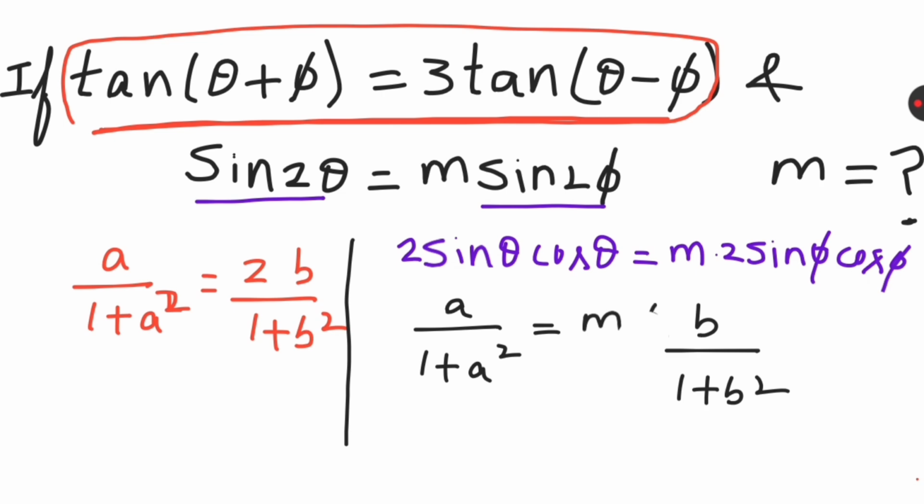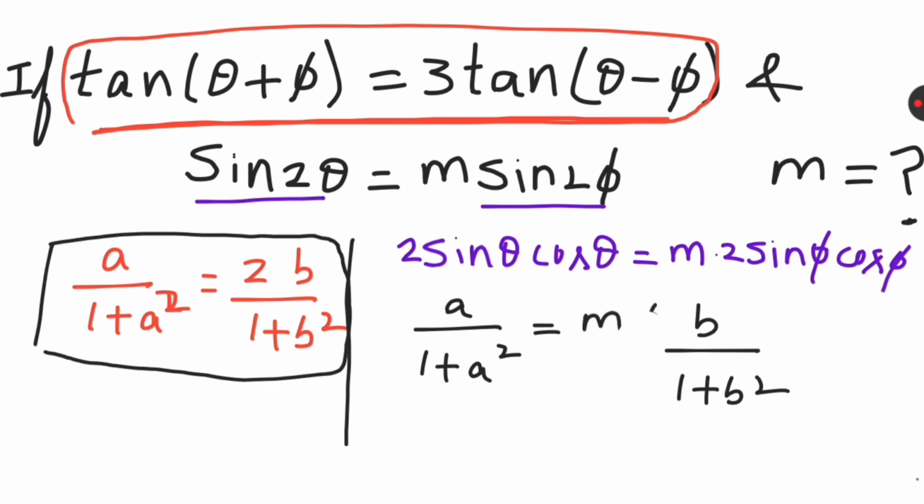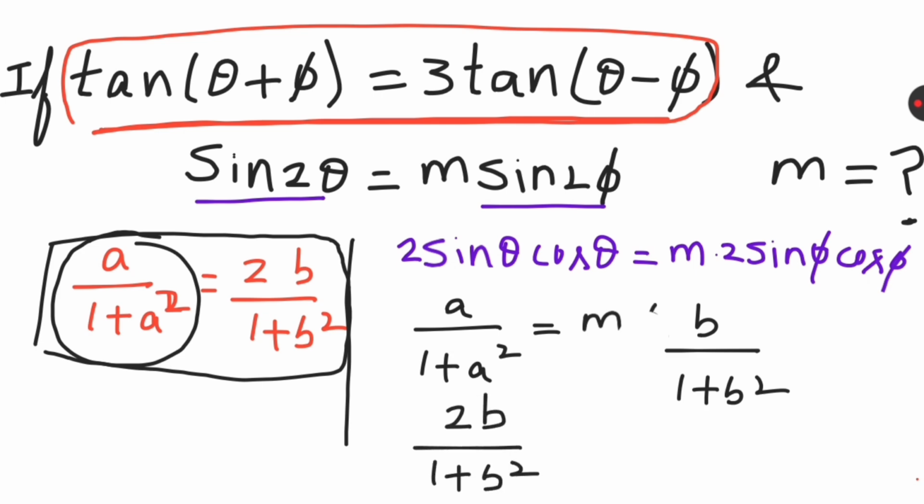So using the first condition, we got this a over 1 plus a power 2 equal to 2b over 1 plus b power 2. So instead of this a over 1 plus a power 2, we can write 2b over 1 plus b power 2. Isn't it? That is equal to m times b over 1 plus b power 2.